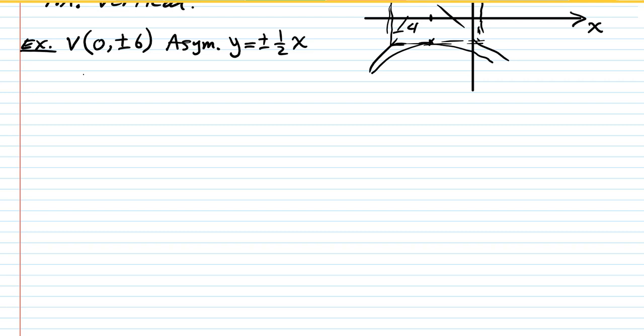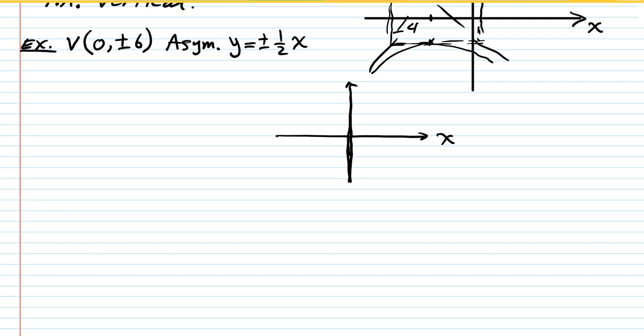So this is going to be standard form, x squared over, well, let's see if it starts with x or y. We don't know that yet, correct? So let me actually graph this roughly enough to where I know whether the transverse axis is horizontal or vertical.